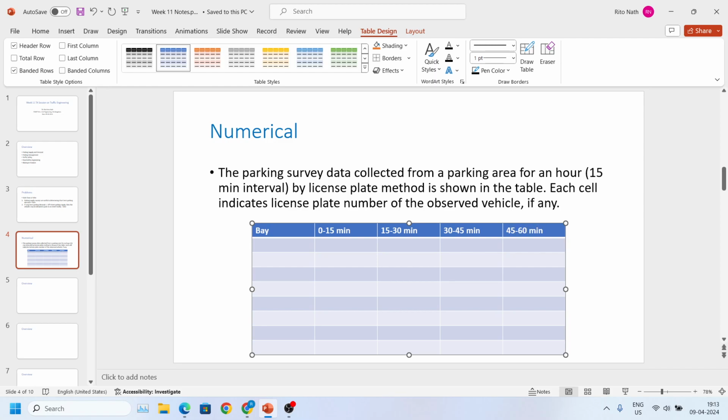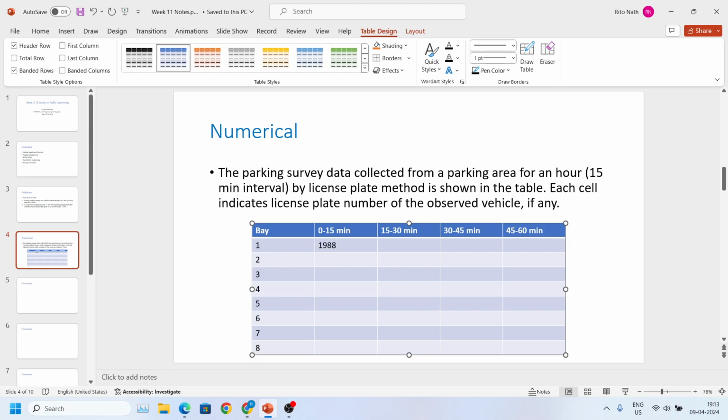So you have 1 hour of data and 8 bays here: 1, 2, 3, 4, 5, 6, 7, 8, and the license plates of the observed vehicles at every bay. A bay is a space where one vehicle can park at a certain point of time.